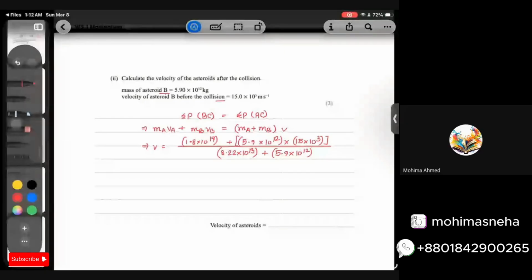Okay, then how much do you get from this calculation, by the way? I asked you to calculate. I got some error. Alright, 1 minute. Maybe there was some problem with the brackets. 1.8 × 10^17 plus, inside the first bracket, 5.9 × 10^12 multiplied by 15 × 10^3, bracket close, another bracket close, divided by 8.22 × 10^13 plus 5.9 × 10^12.